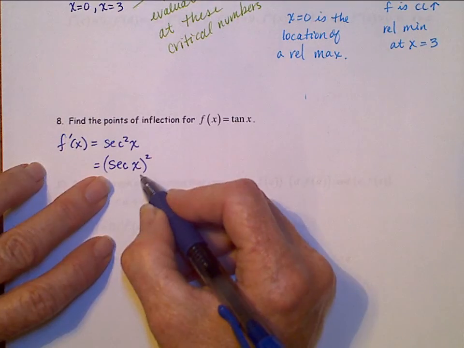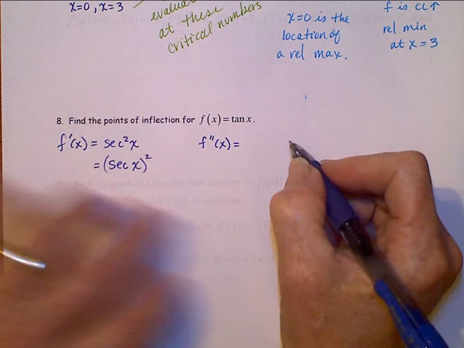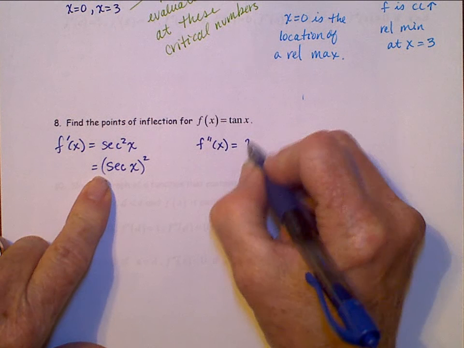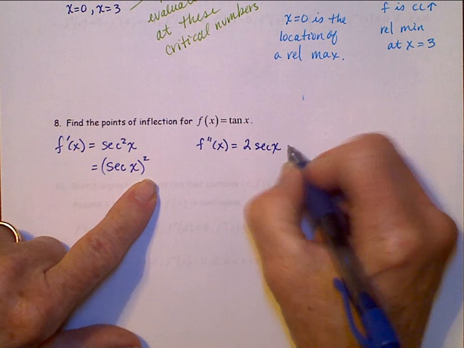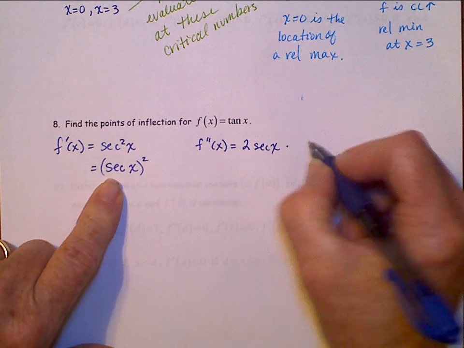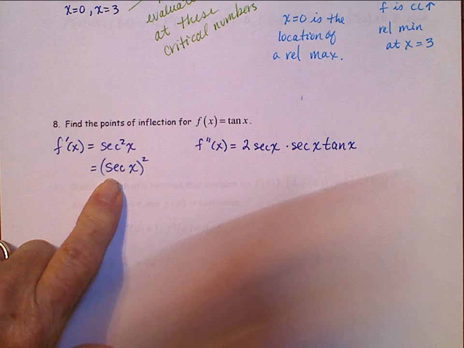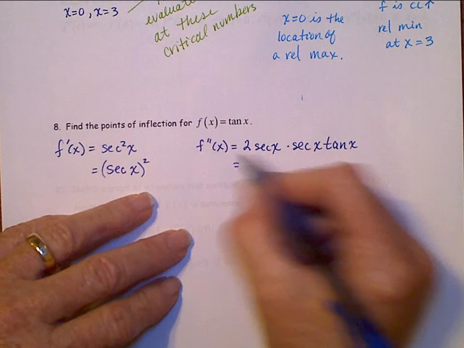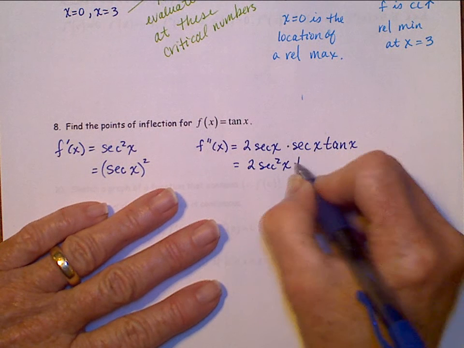And the second derivative is going to be 2 secant x to the first times the derivative of the secant, which is secant x tangent x. And we have 2 secant squared x tangent x.